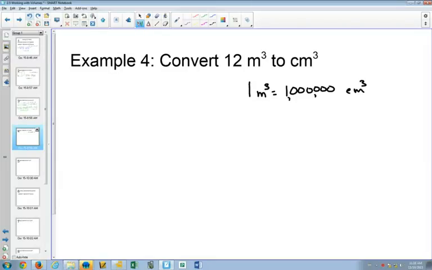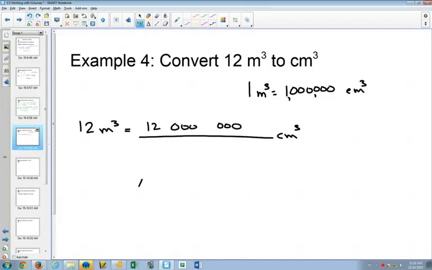You can fit 1 million centimeters cubed in 1 meter cubed. So now when we have 12 meters cubed, the shortcut would say, if 1 meter cubed is 1 million, 12 of them would be 12 million.